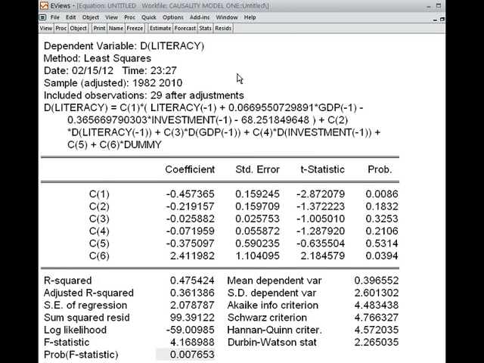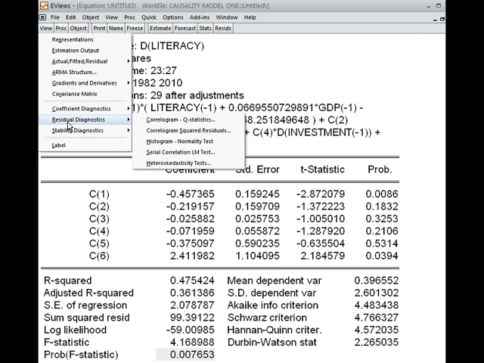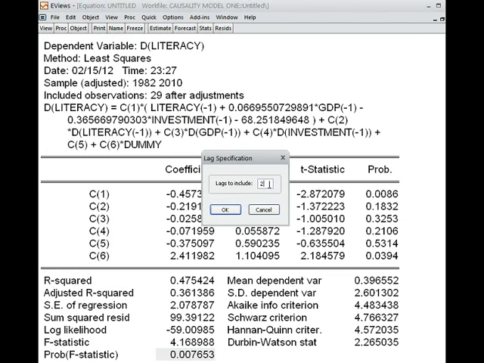Okay, then we talk about the residual, whether the residual of this model has any arch effect and so on. First I check one by one. I go to View, I go to Residual Diagnostics. Then first I choose serial correlation, whether the residual of this model has serial correlation or not. That we check first. Suppose I choose lag 2.